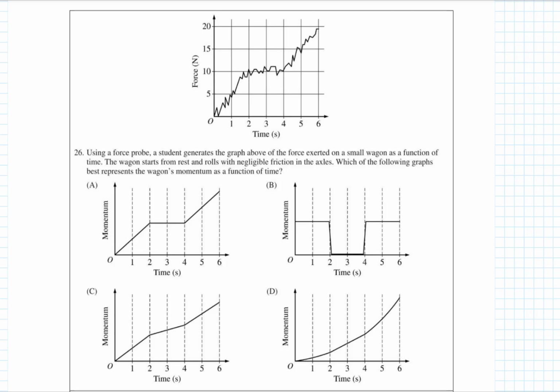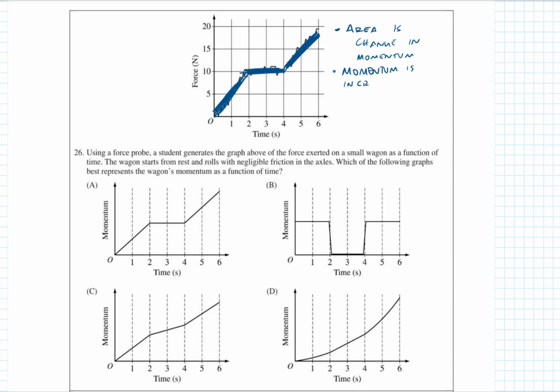All right, so for this question, we have a jagged graph of force versus time. What I want to do is clean that up a little bit so that we can do some estimating to really see what's going on. So that's what we got. Now, I know that the area of a force versus time graph is the change in momentum. So what this graph shows is that for every time interval, my momentum is increasing.